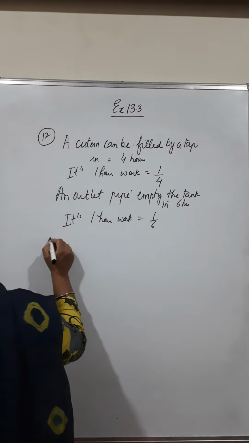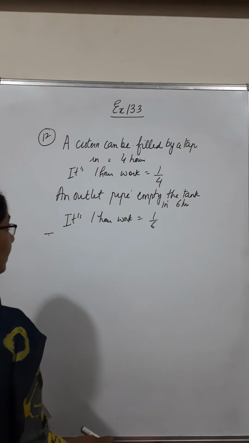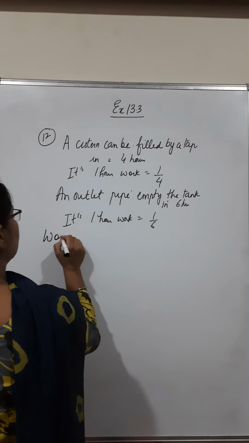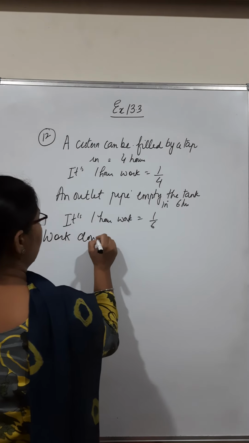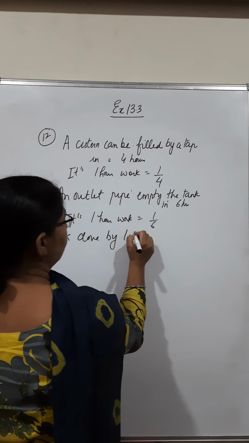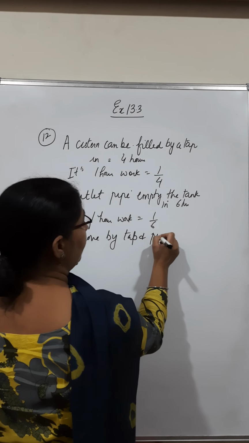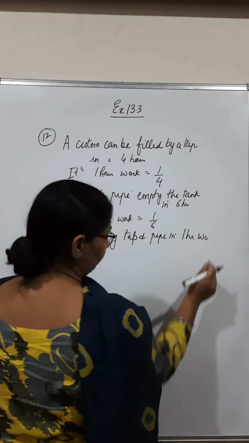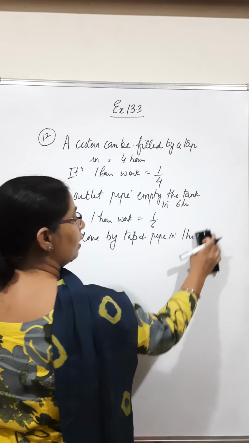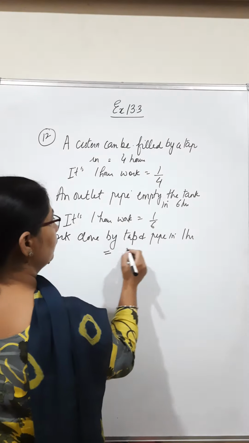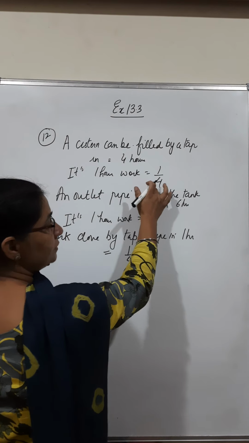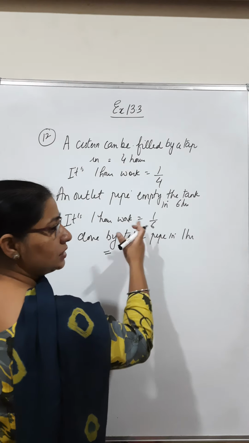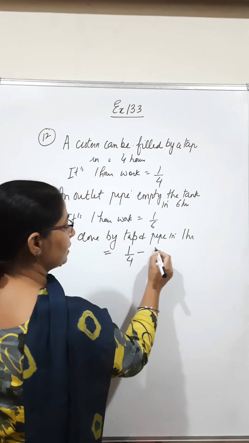So to fill, work done by tap and pipe in 1 hour together. In 1 hour, that will be equal to 1 by 4. What is this? This is a positive thing doing. The water is coming in. And what is this? This is a negative thing happening. The water is coming out.